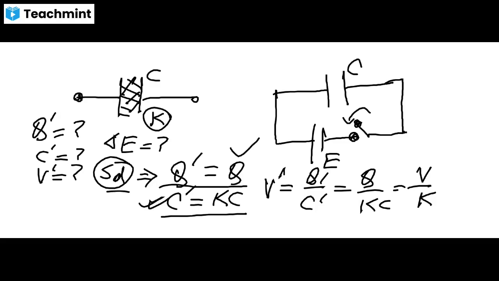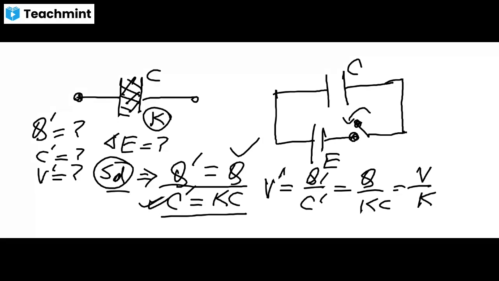The capacitance changes to K times C. Clear? And finally, V prime equals Q prime by C prime, and the potential between the plates decreases by a factor of 1 by K.